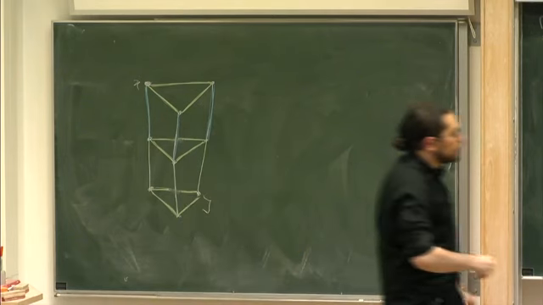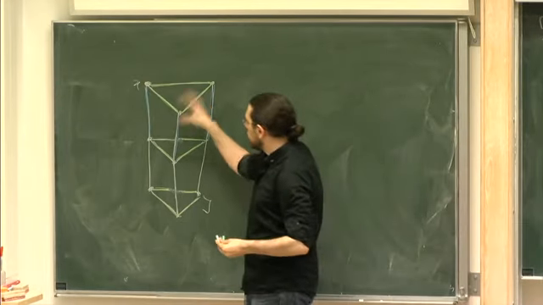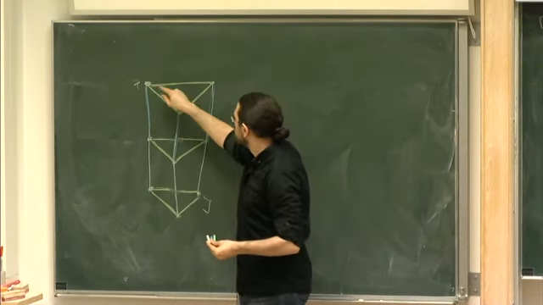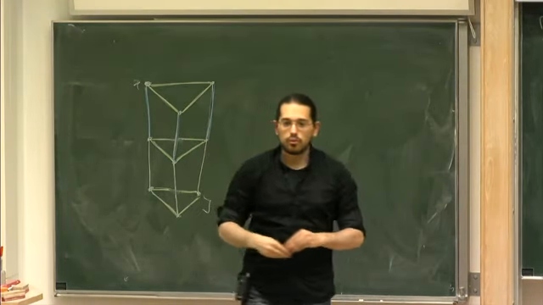And finally, the fourth point is clear in this example. You can naturally fill in the graph to get a CAT(0) space, just by taking the product of a triangle and a segment of length 2.